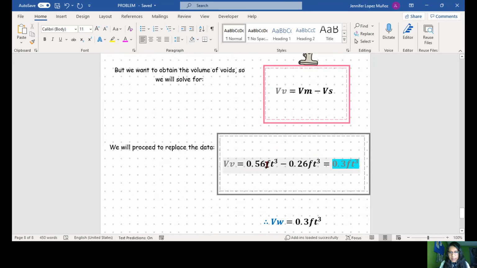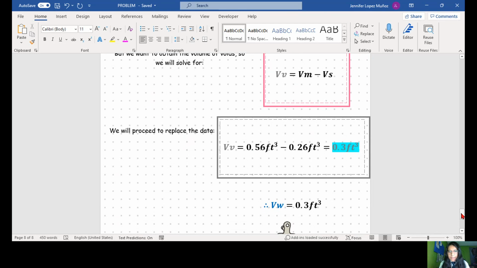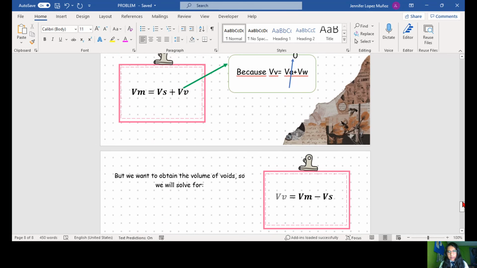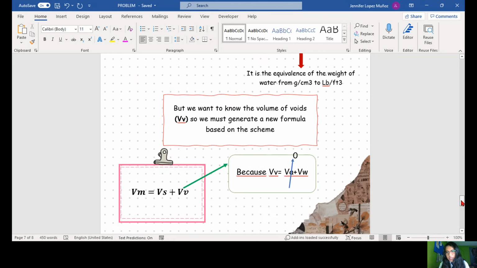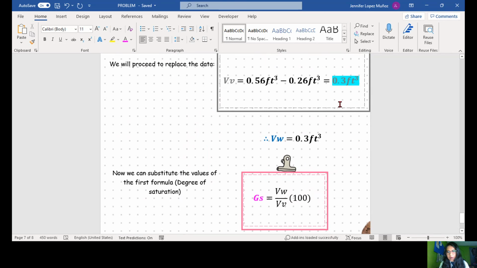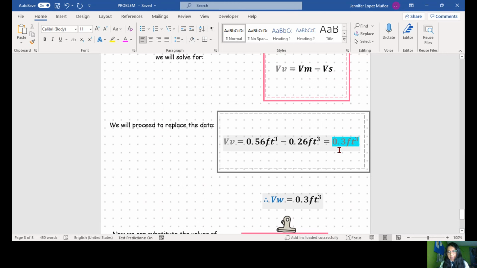This is the data: 0.56 cubic feet minus the solid volume. I have the data because after calculating, this is 0.26 cubic feet. Replacing in the formula, this equals 0.3 cubic feet.